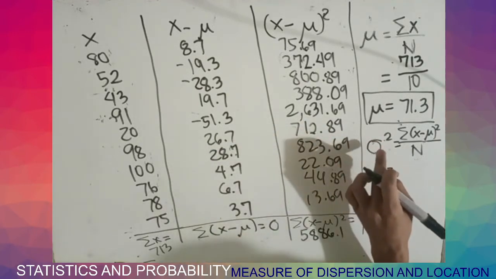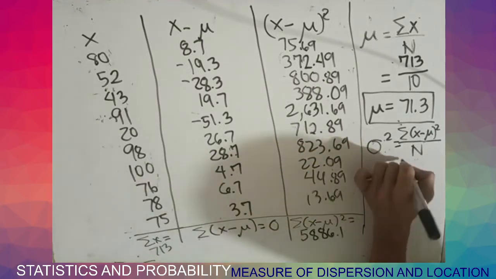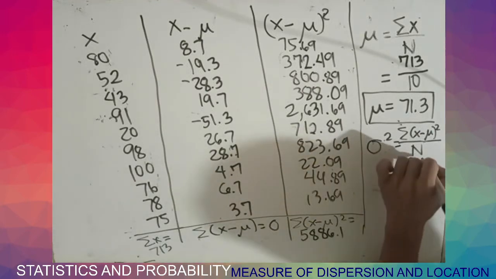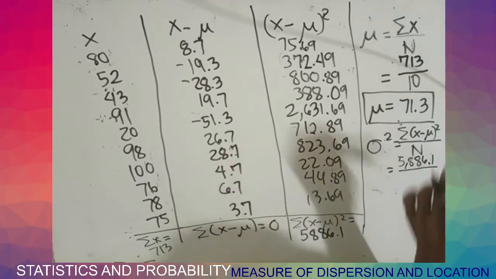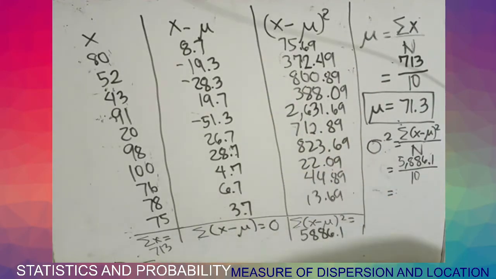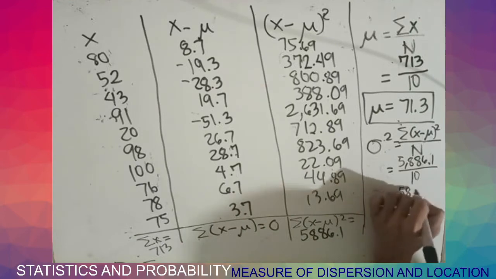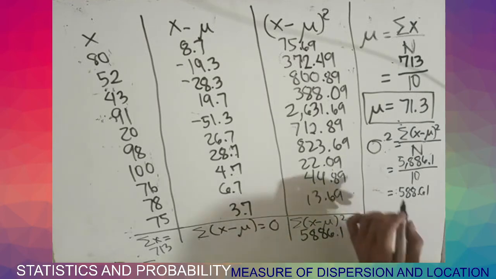Para siyang ulo na may isang buhok. Parang ganun. So, 5,886.1 divided by n. So, ang n natin ay 10. So, pag divide natin, ang sagot dyan ay 588.61. Okay? So, yun yung sagot natin for the variance.